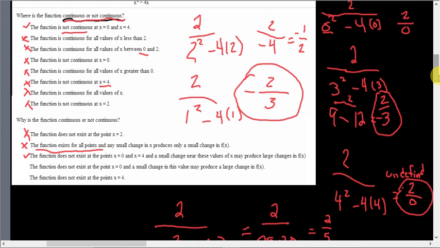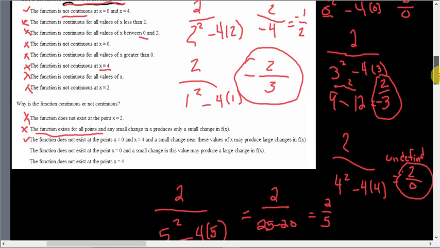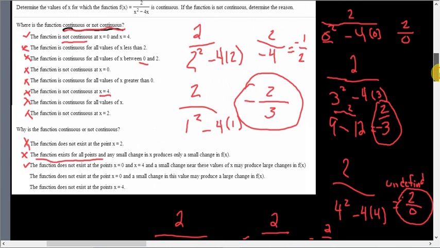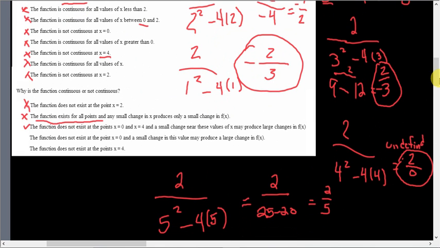A small change near these values of x may produce large changes in f of x. Well, I guess if we use like 10, or I guess maybe that is the large change, 2/5, as opposed to if we use 3, we get negative 2/3. I really like that question.